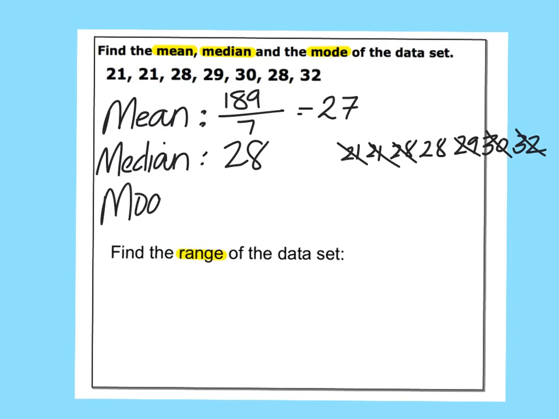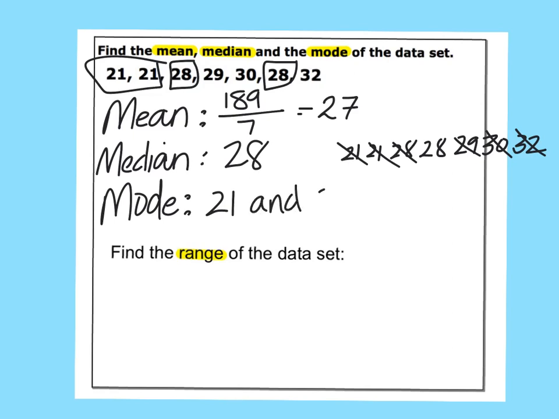The mode, that's what occurs most frequently. In this set of data, we have two 21s and two 28s, so we actually have 2 modes for this. The range comes from taking the largest value, in this case it's 32, and subtracting it from the smallest value, which is 21, so the range is 11.